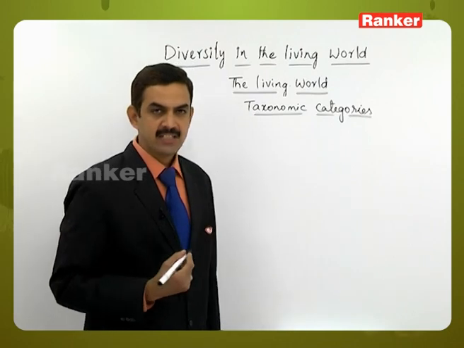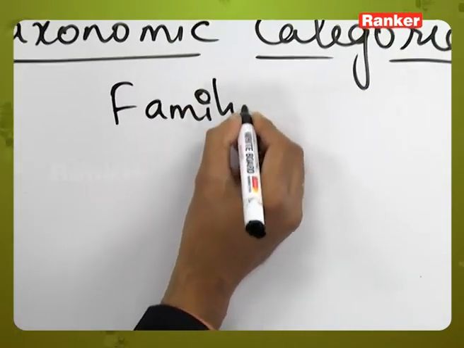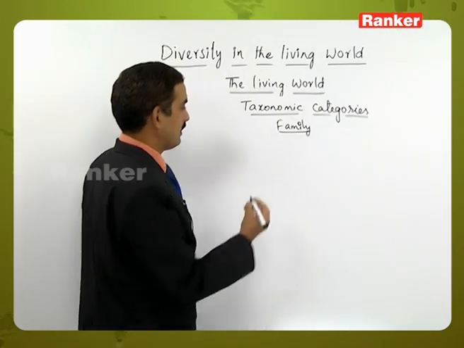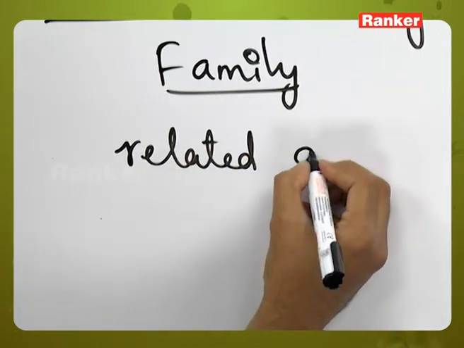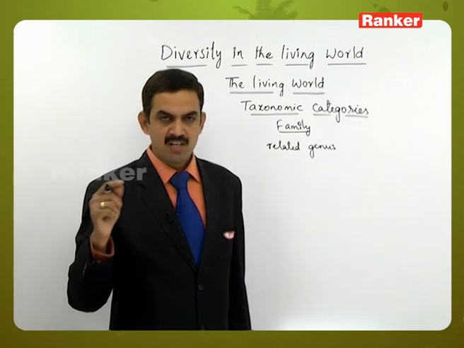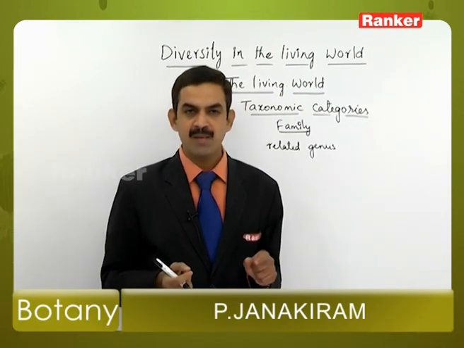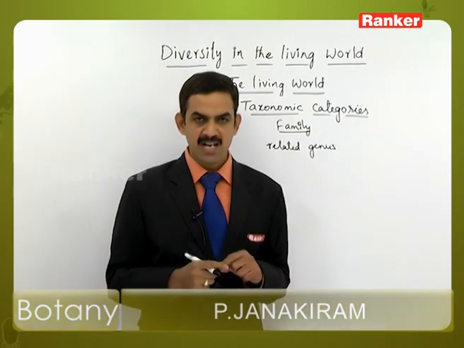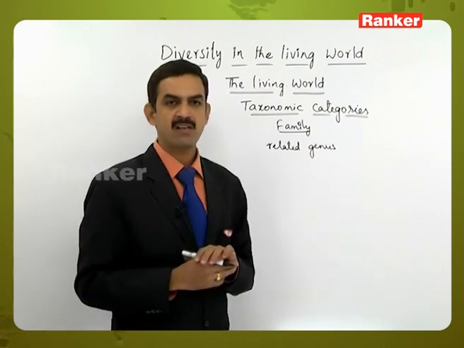In the taxonomic categories, the next one is the family. Here one family contains related genera. We already said that from one genus to another there are a lot of differences, but at the same time a few similarities are also there. The genera with a few similarities are kept under one family.